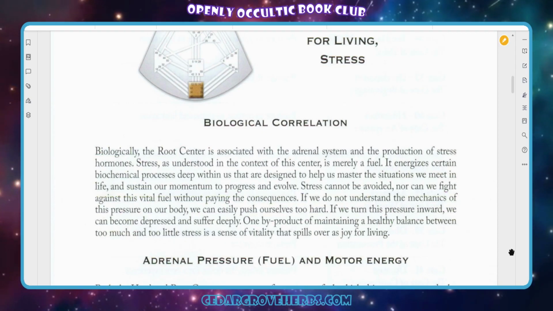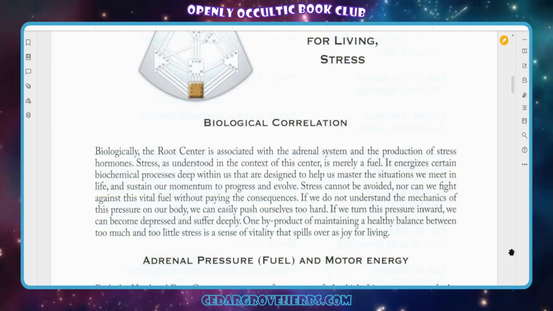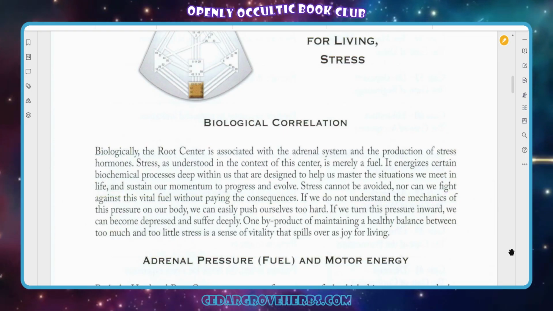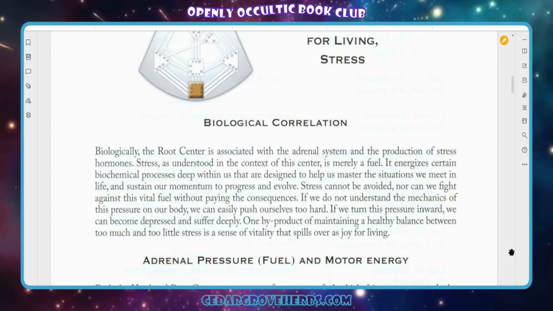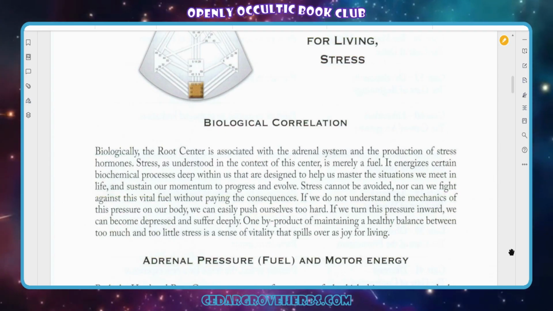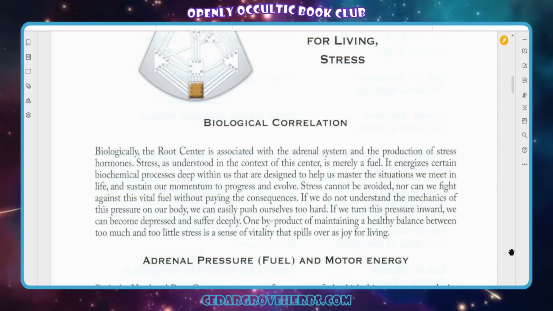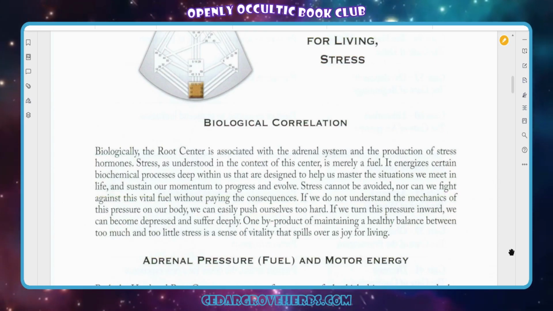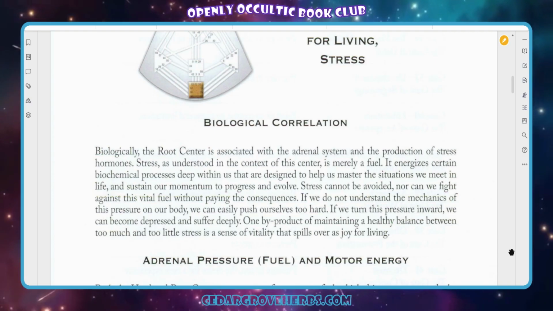If we don't understand the mechanics of this pressure on our body, we can easily push ourselves too hard. If we turn this pressure inward, we can become depressed and suffer deeply. One byproduct of maintaining a healthy balance between too much and too little stress is a sense of vitality that spills over as joy for living.